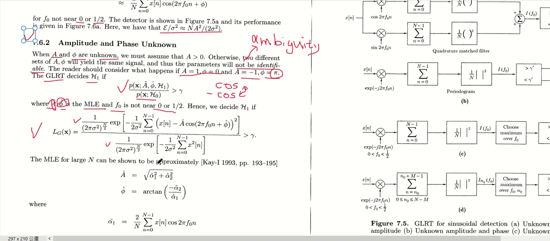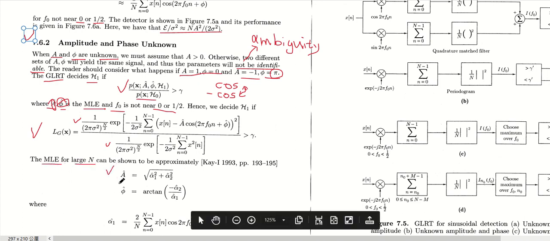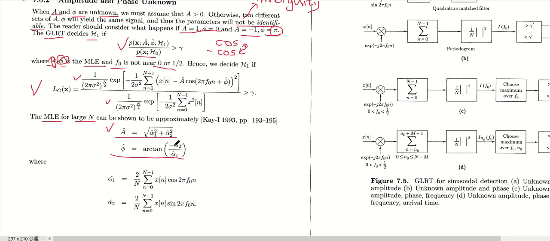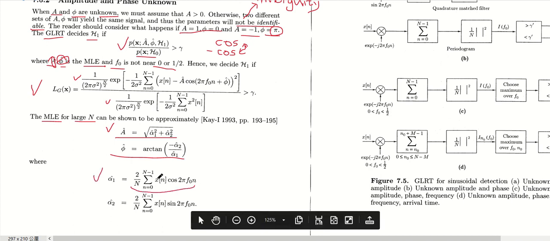We just use it. So you have this Gaussian distribution with x minus A cosine, and then P of X given H0. The MLE for large N can be shown to be approximately this and this, where alpha 1 hat is composed of x correlated with the signal, and alpha 2 hat is x correlated with the signal, and that signal is cosine, that signal is sine.